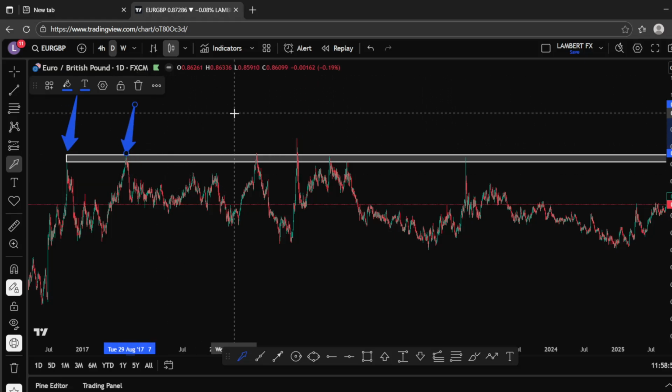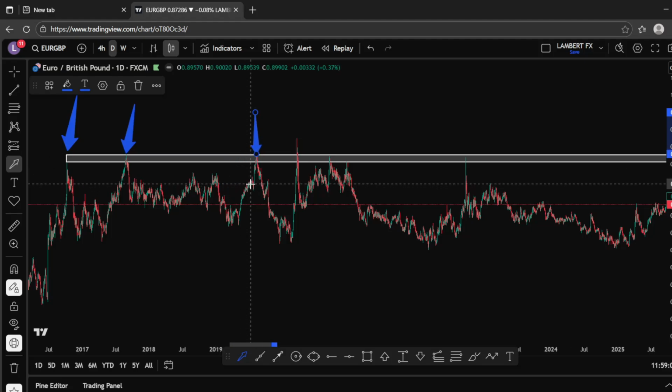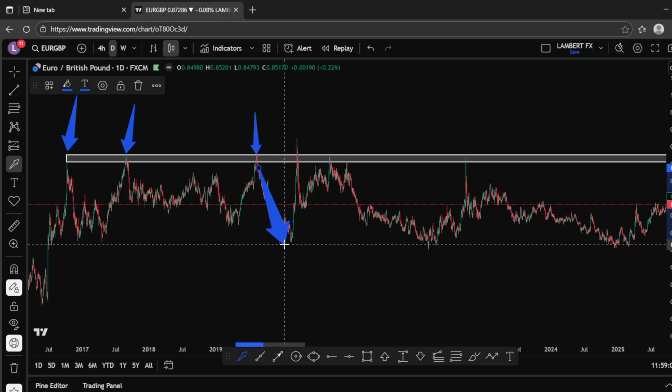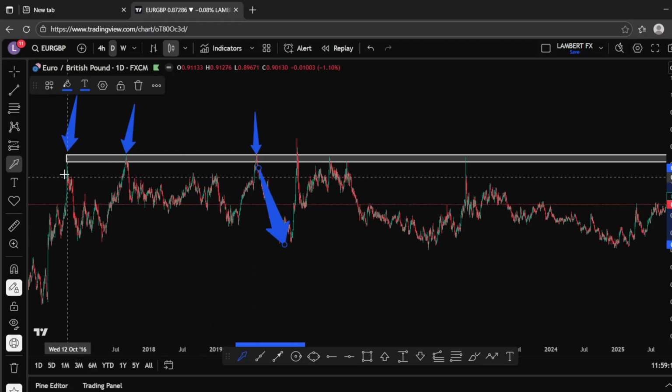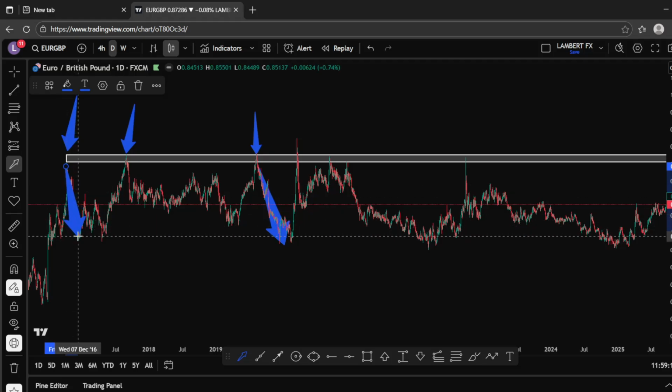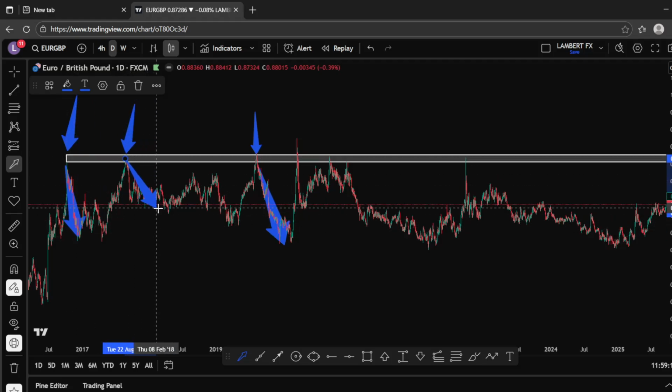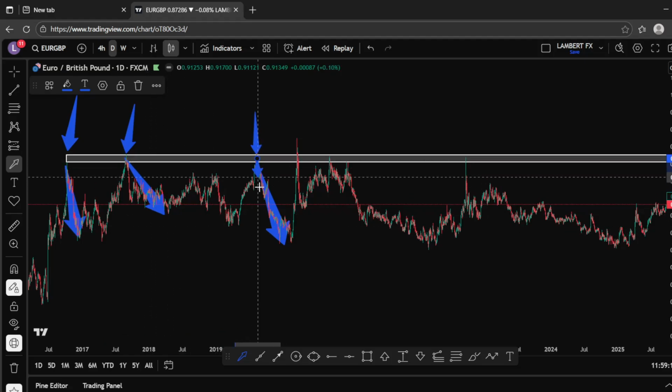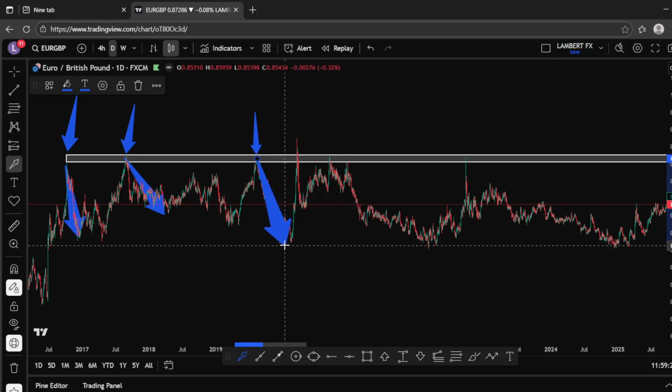So by the third touch, people would be interested. As you can see, this drop here was larger than the other drops, because more sellers came into the market on the third touch.